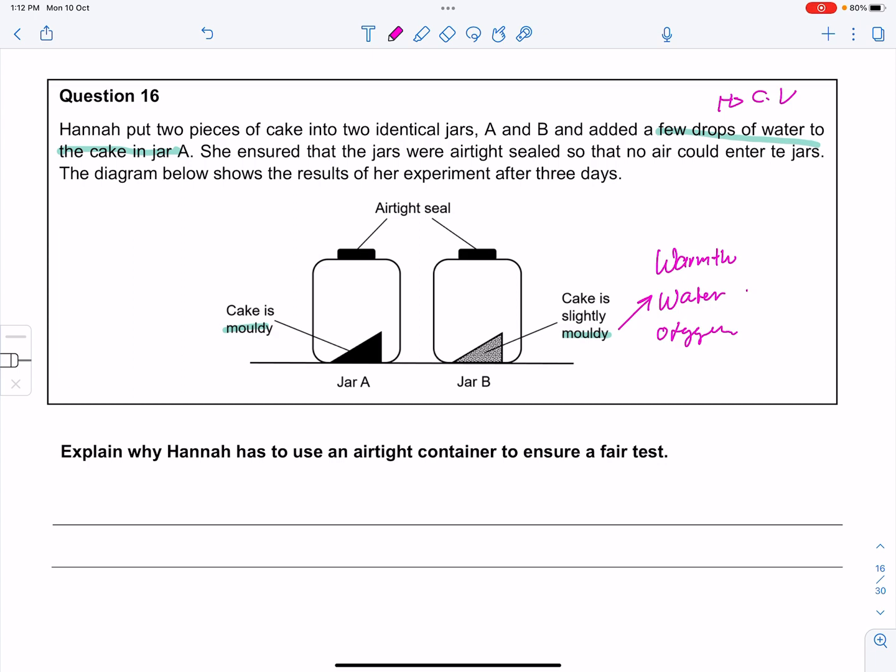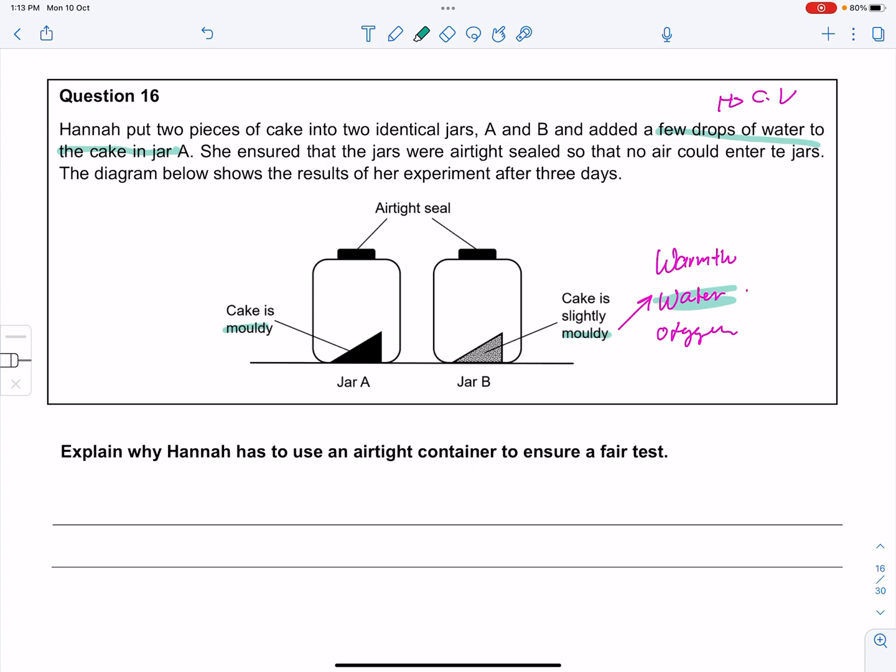So the change variable here is your water. So think about it, water and airtight. Basically an airtight container prevents a change in the composition of the air. So it is to ensure that air does not change at all, making it a fair experiment.